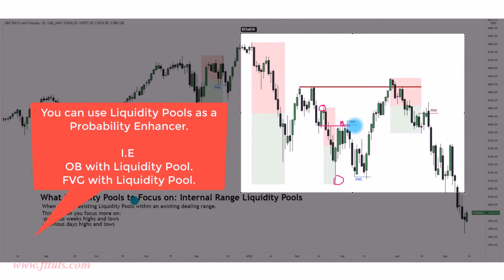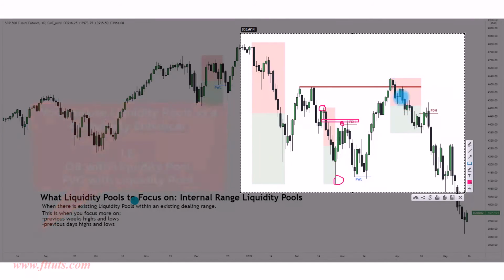And you can see, actually, fair value gap, my bad. And you can see how price takes out our liquidity pool into a fair value gap. Okay, same thing here. We have a trading range. Price can take out a short-term high into a premium market and then have a sell-off.